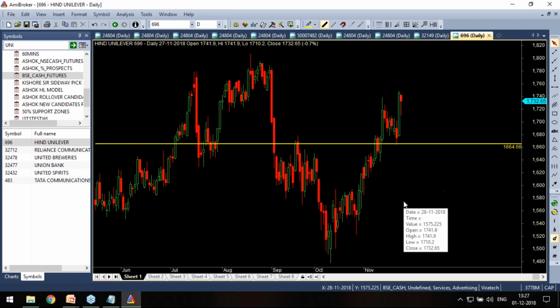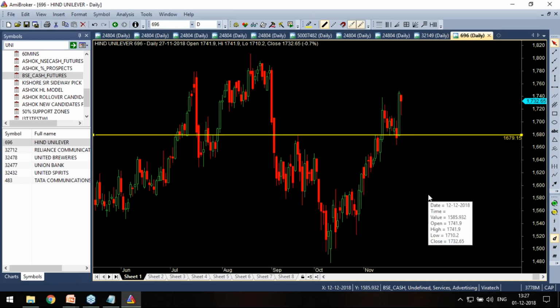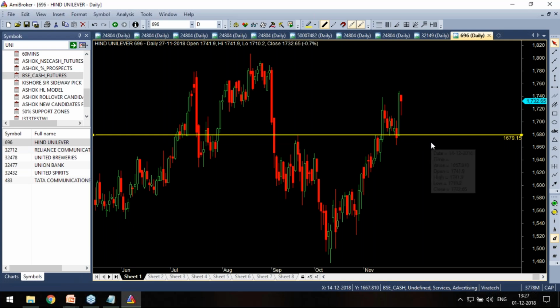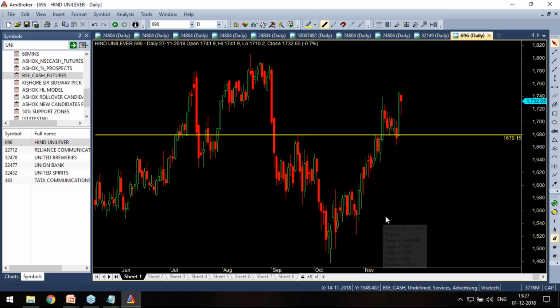And this reaction is also just, what can I say, look at this one, it reacted here because of the flip only, but definitely if it breaks this point, then it will come to the bottom.